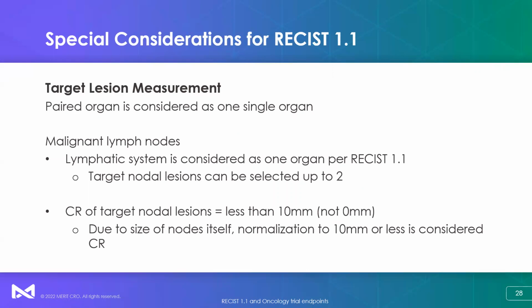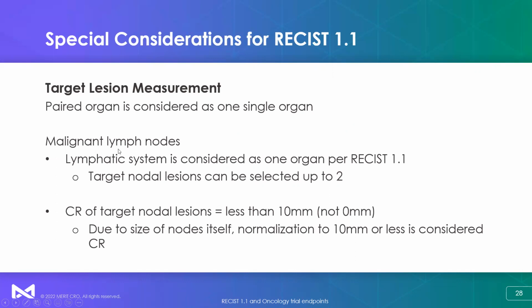Also, the lymphatic system is considered as one organ per RECIST 1.1. So if there are multiple nodal lesions that qualify as target lesions, the reader can only select up to 2 nodal lesions under the target lesions, and the rest should go under the non-target lesions.